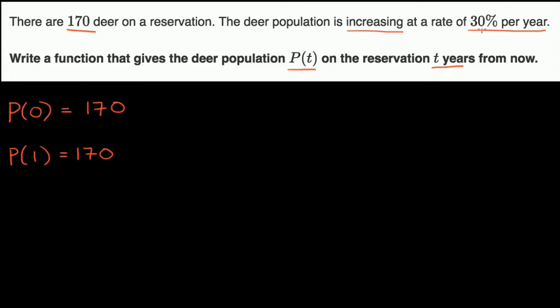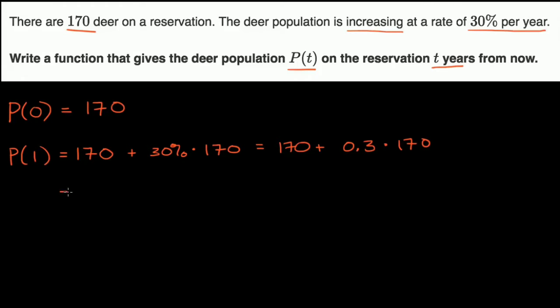Now let's think about what P of 1 is. What's going to be the population after 1 year? Well, it's going to be our original population, 170, but then it increased at a rate of 30% per year. So it's going to be 170 plus another 30% of 170.